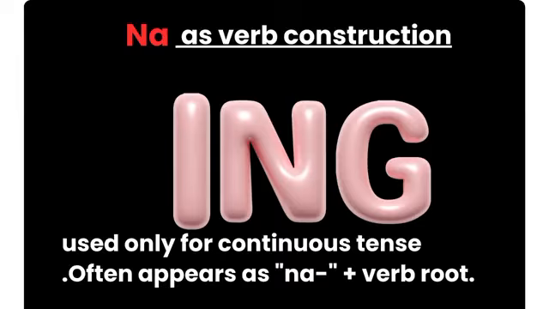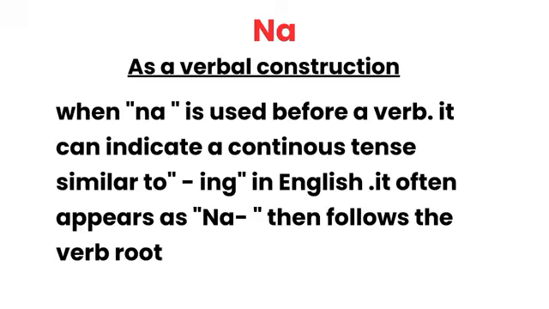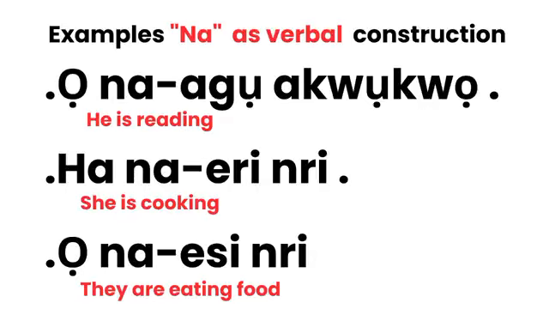So here, let's look at some of the examples. Before we see the examples, let's see how this verbal construction is made. In English, the ing comes after the verb. But in Igbo, you add na, dash, then the verb. Let's look at the examples. First example, ọ na-agụ akwụkwọ.